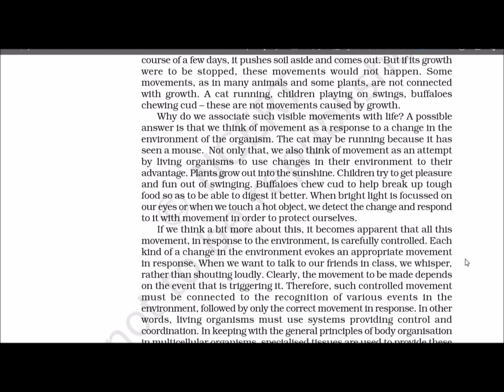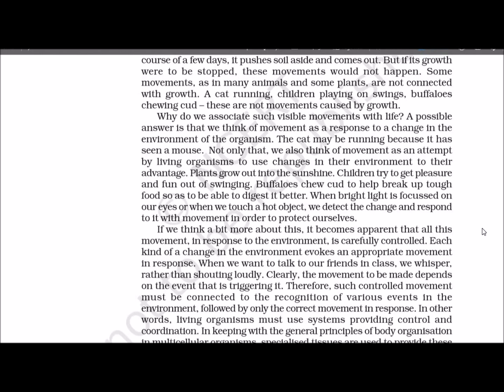Animals mostly show the non-growth movement, while plants exhibit both the growth and the non-growth movement. Growth movements are seen in a germinating seed, and non-growth movements are seen in the running of a cat, children playing and swimming, a buffalo chewing cud, and the folding and dropping of leaves in sensitive plants like Mimosa pudica.